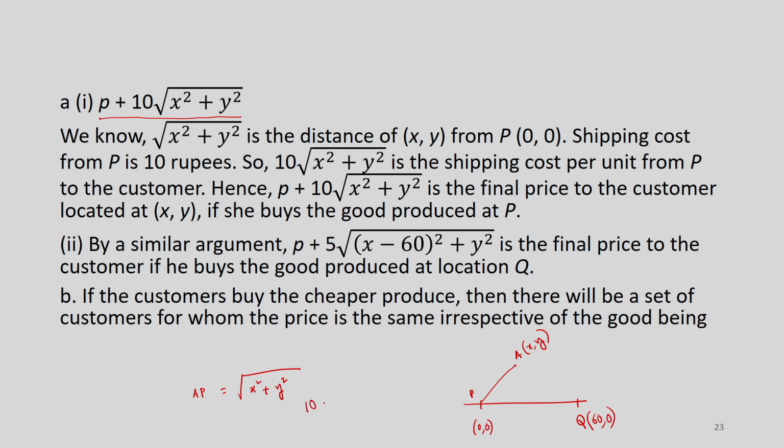What is the meaning of 10? 10 is the shipping cost from P to A. Remember, P is a production facility. From there the good is going to be shipped to point A, and the cost of shipping per kilometer is 10. Total distance is this much. So, 10 multiplied by this is the shipping cost.